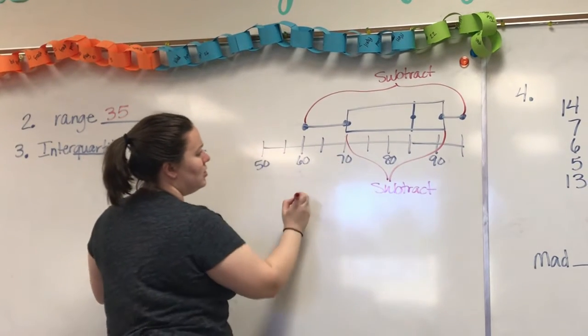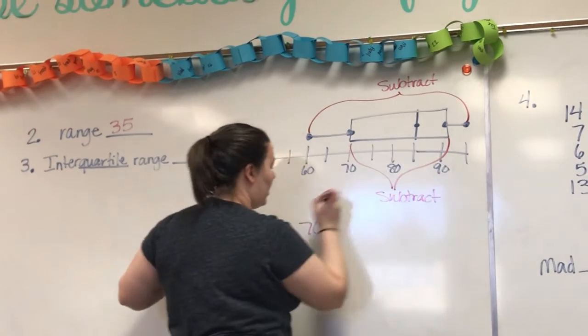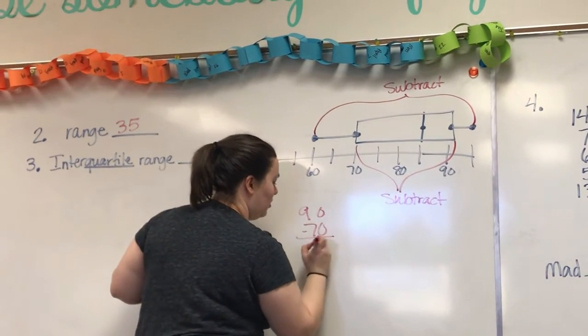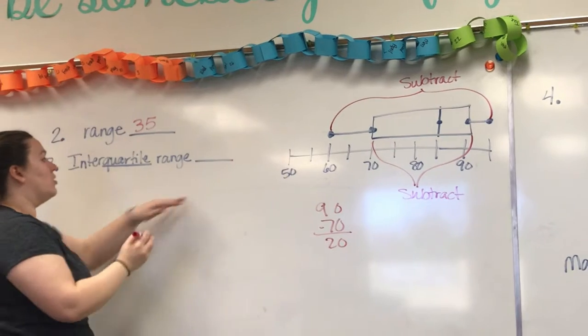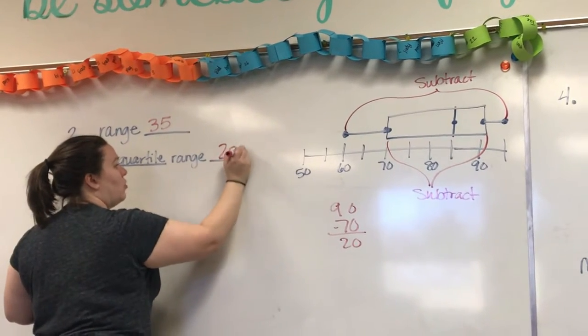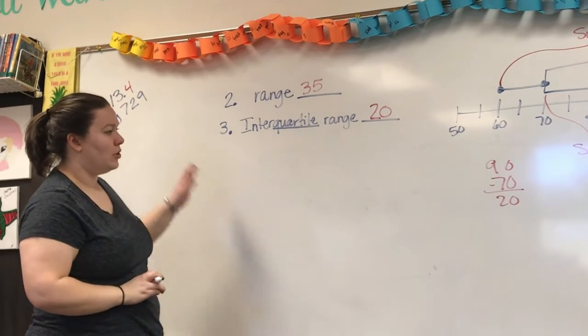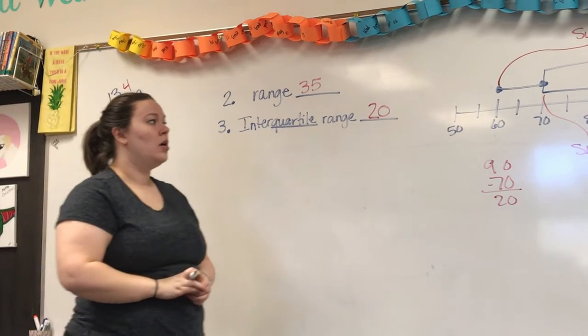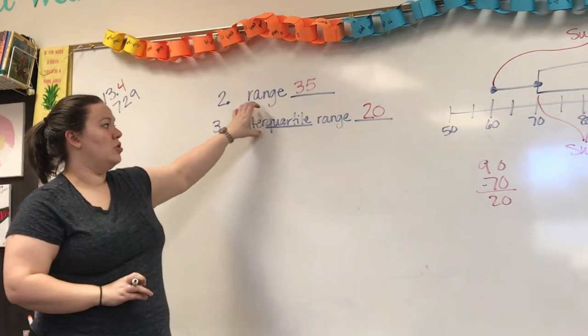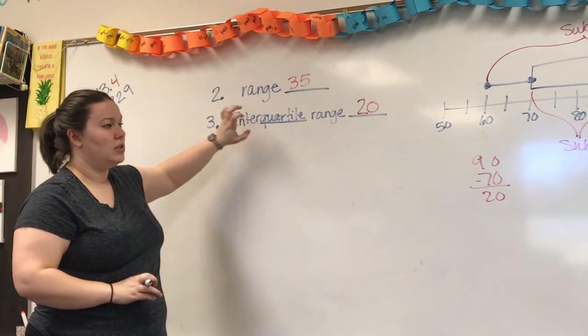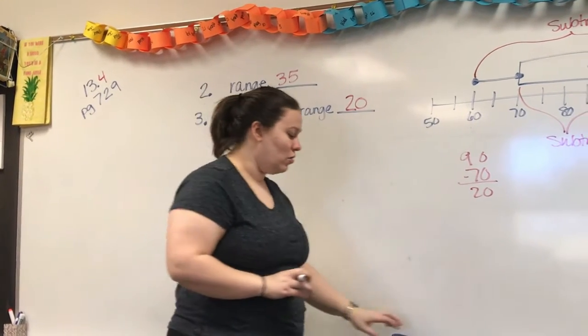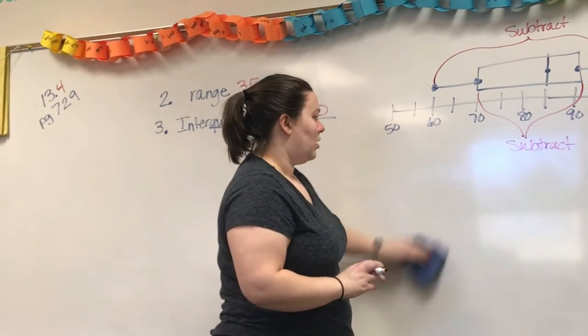And that is 70 and 90. Your interquartile range is going to be 20. Okay? Do number 2 and number 3 in your book. Again, this is new vocabulary, so you might want to put that in your notes. Okay?